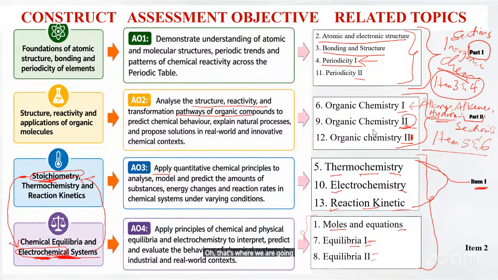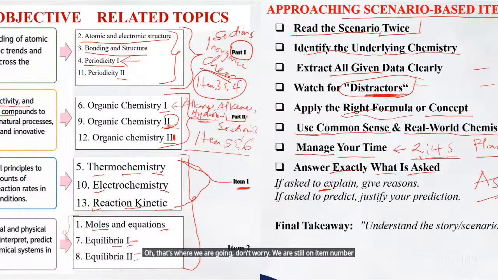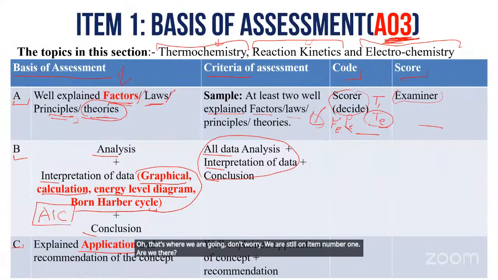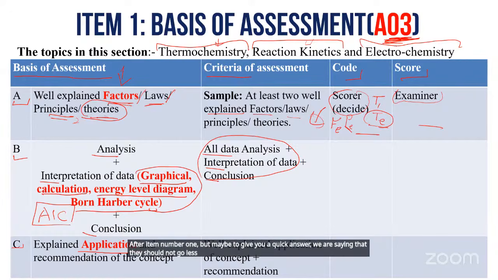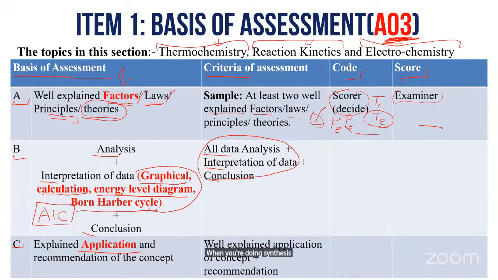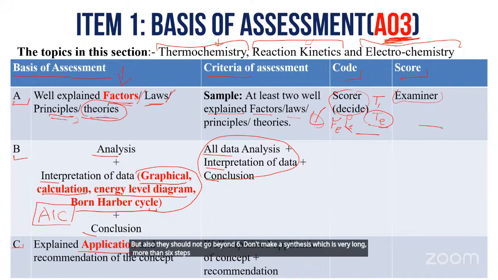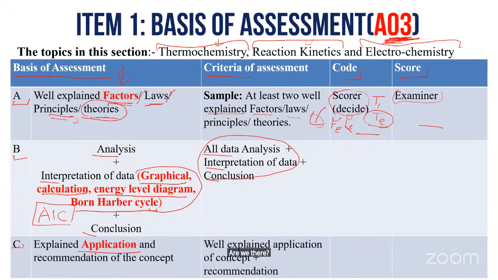Don't worry, we are still on item number 1. But to give you a quick answer, they should not go less than 3 when you're doing synthesis, but also they should not go beyond 6. Don't make a synthesis which is very long, more than 6 steps. We don't encourage that. We need a minimum of 3 steps and a maximum of 6 steps.